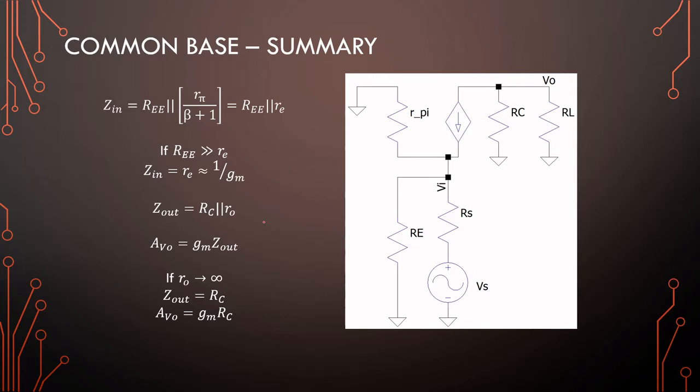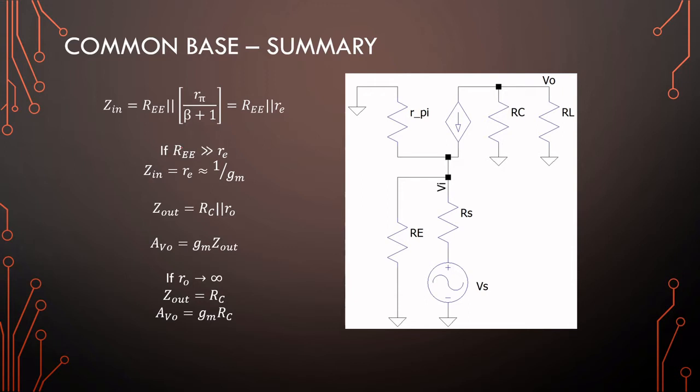Okay, the common base summary. In the small signal model, I left out R out of the transistor, so we assume this to be infinite just to make our life easier when designing. The input impedance is all the resistances seen at the emitter parallel to R pi over beta plus 1, or just RE parallel to small re.